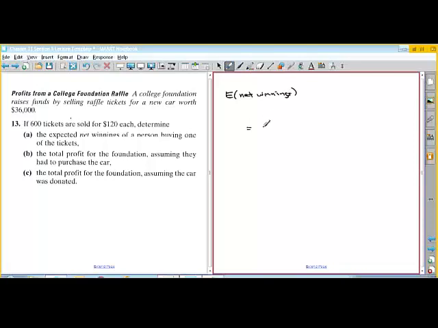So to calculate the expected net winnings, you take the probability of winning times the value of winning plus the probability of losing times the value of losing.